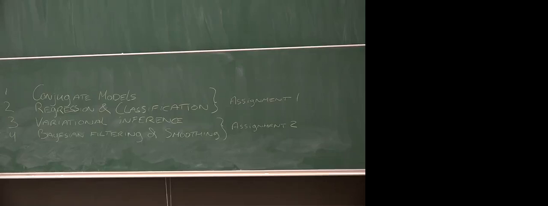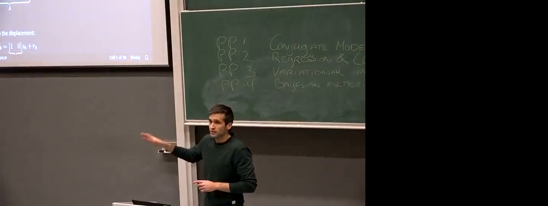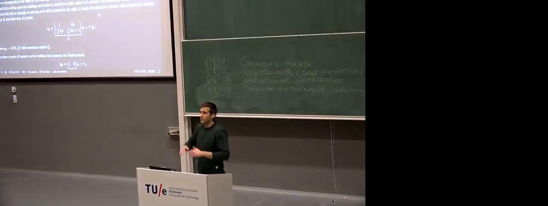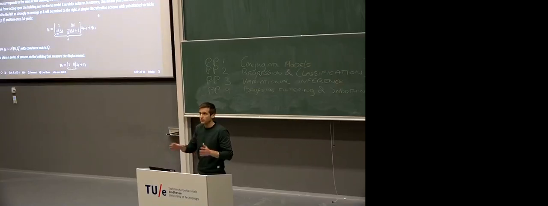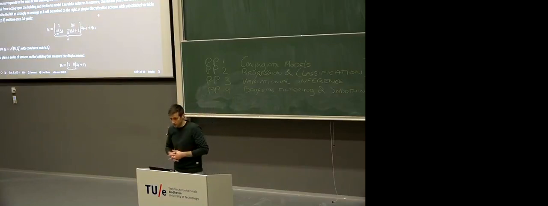I'm just going to talk about the Bayesian filtering and smoothing part for the first half, until 4:15. And then after the break, or we could use the break as well, we can use the remaining time to help you with the second assignment. If you still have any questions, or don't know exactly what to do, then we can all go around and help you.